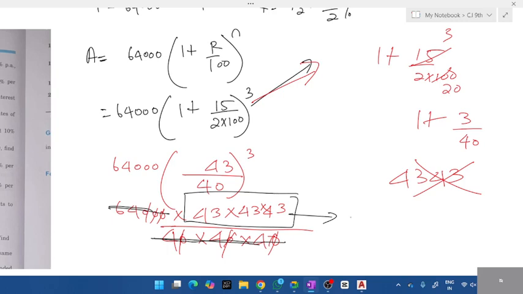Check the answer in the textbook, Abigail. Once whoever has completed, check the answer. What's the value? 43 into 3 times?